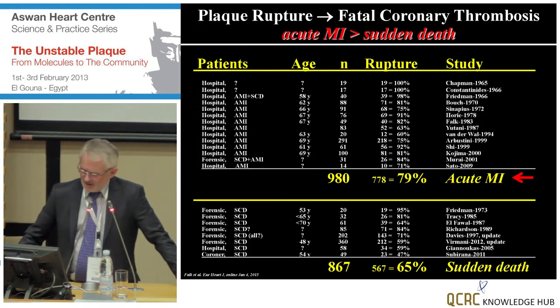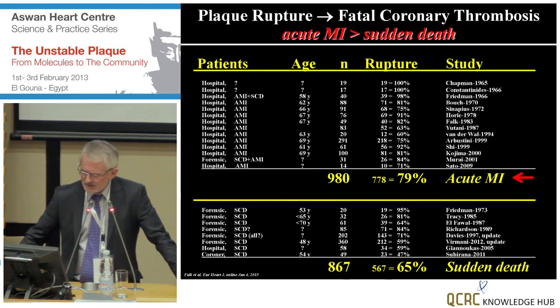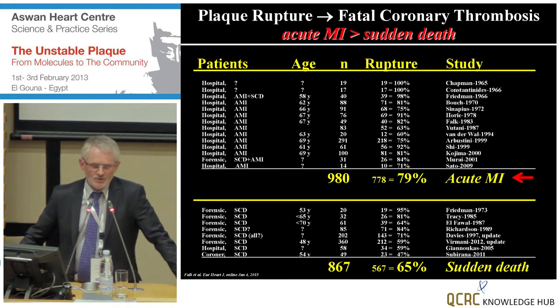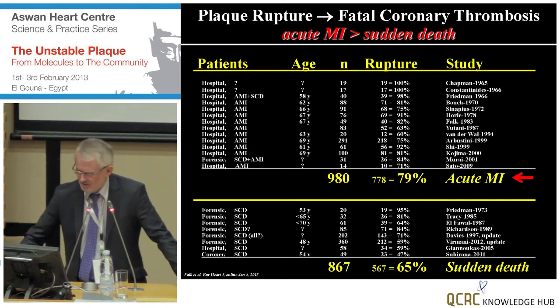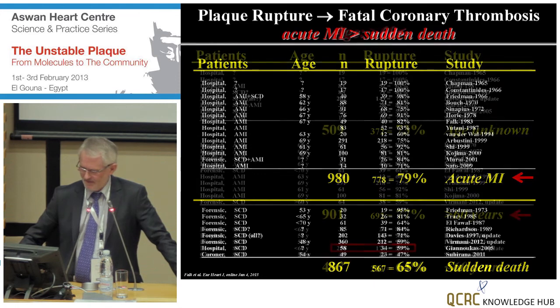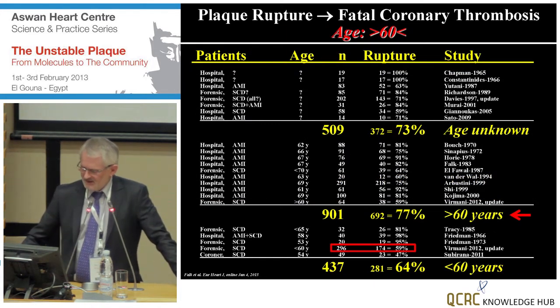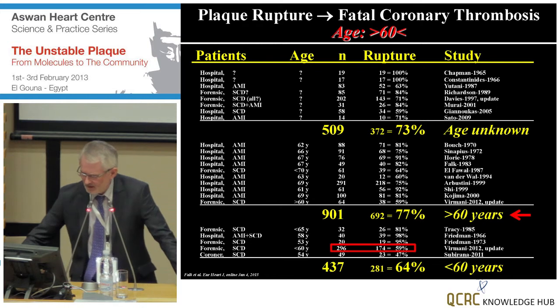What about the clinical presentation? We can also see coronary plaque rupture is more frequently the cause of coronary thrombosis when the clinical presentation is acute myocardial infarction compared to sudden coronary death. Age. We can see plaque rupture is a more frequent cause of coronary thrombosis in the older age group compared to the younger age group.